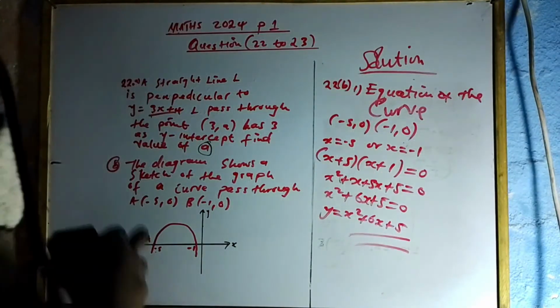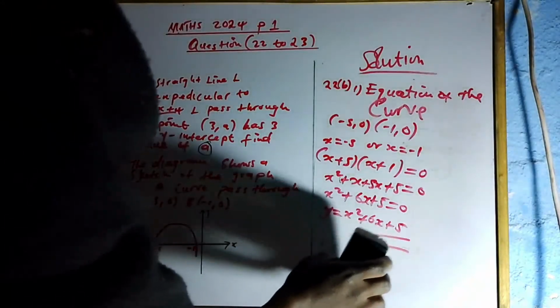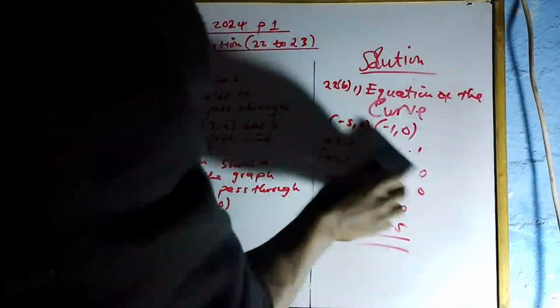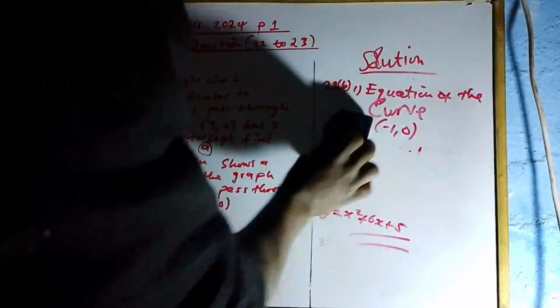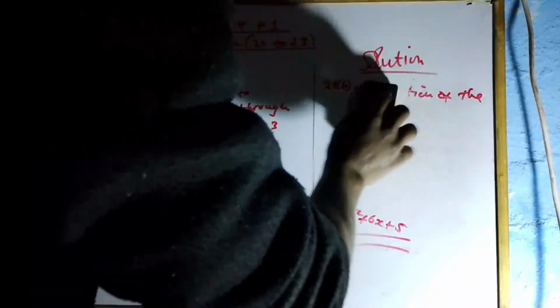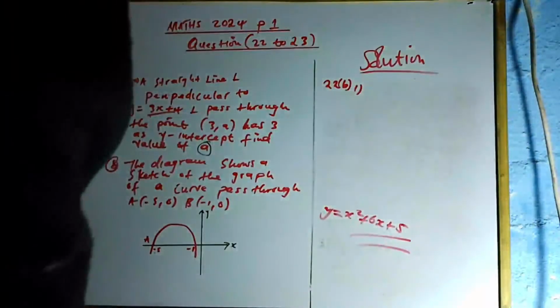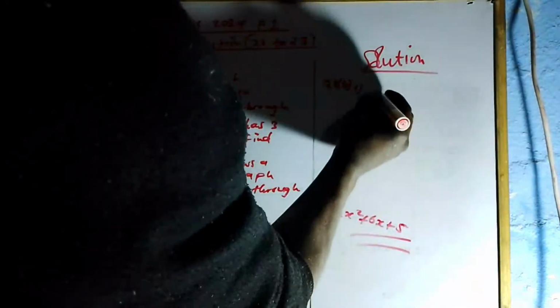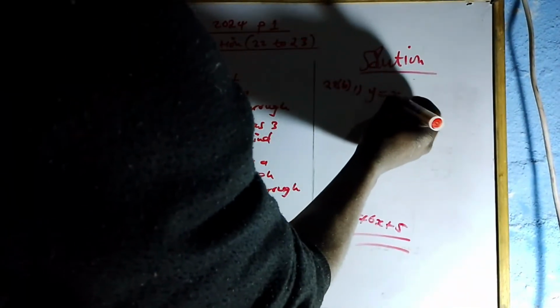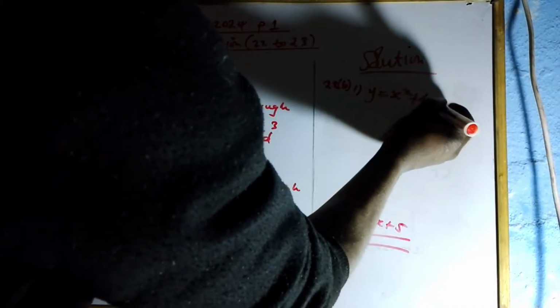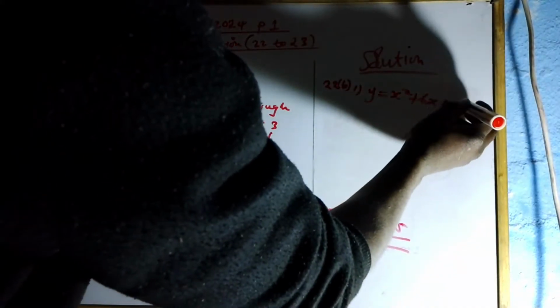Now let's try to find the turning point of this equation which we have here. The equation has been given as y equals x squared plus 6x plus 5.